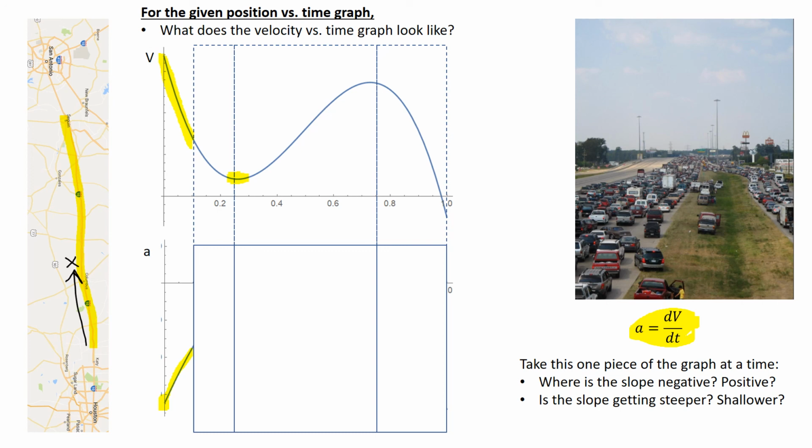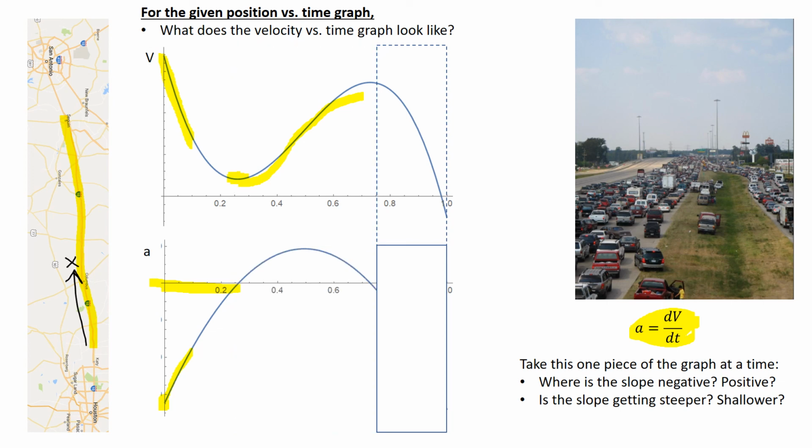What's the next chunk look like? There's the next chunk. This is all negative. So here's our 0, and everything underneath there is negative. We're going to go from a negative slope to a positive slope here. So this next little chunk is all on the positive side.